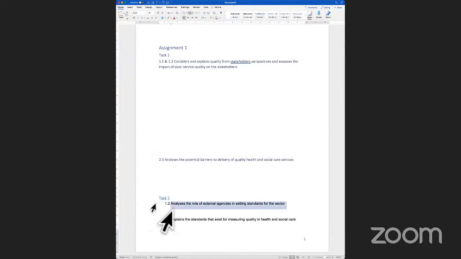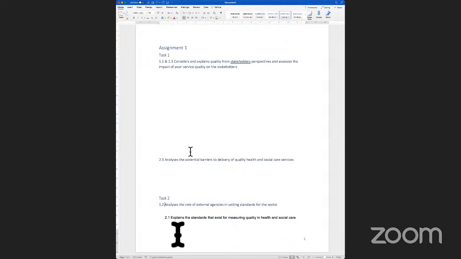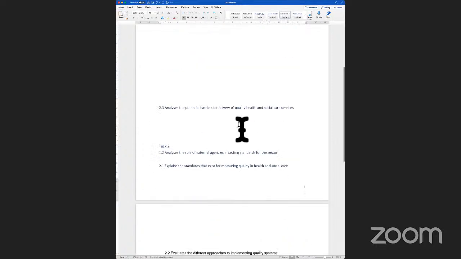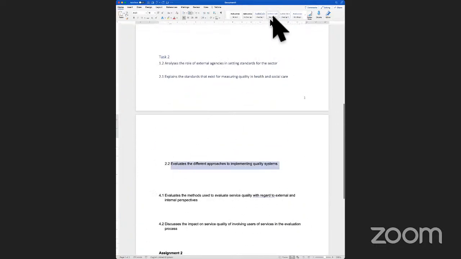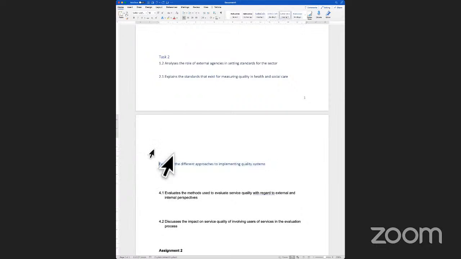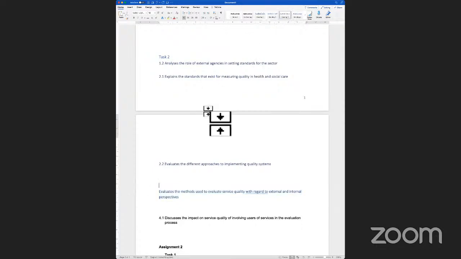So just quickly formatting this. So this is 1.2. Sorry, some of it does away with the formatting. 2.1. And so on and so forth. So let me just quickly complete this so that we know what we are up against in terms of compilation of evidence.